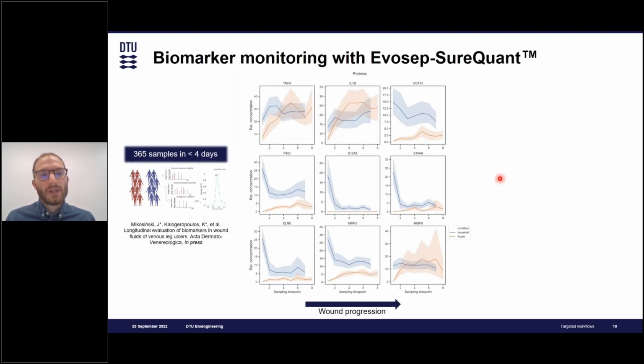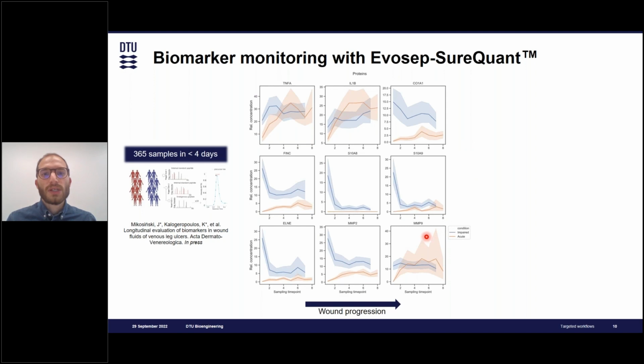So here I'm just showing a summary of the results in a gist. You can see the profiles across time points for the different biomarkers of our panel. And I'll just talk a bit about the biology. We can see that, for example, we have high collagen levels and high fibronectin levels, as expected for deposited proteins.